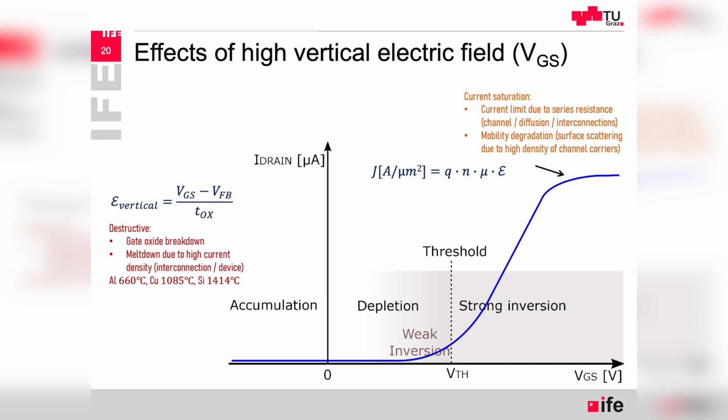The other is what already was mentioned, the series resistance in the drain. And then we have those destructive effects of gate oxide breakdown, and also at high current density, even if silicon has very high melting point, the metallization around that attaching to the drain and to source can melt because of much lower melting point, let's say aluminum, it's 660 Celsius degrees, and we might see some destruction because of that.